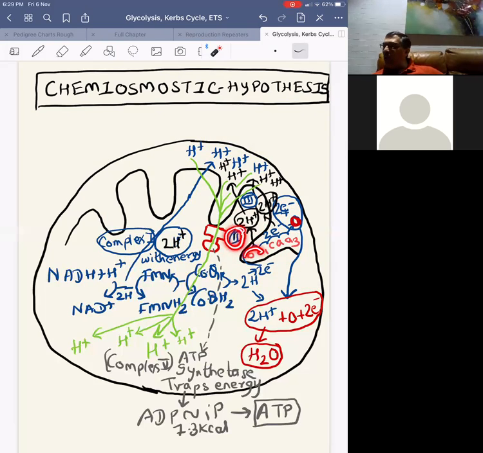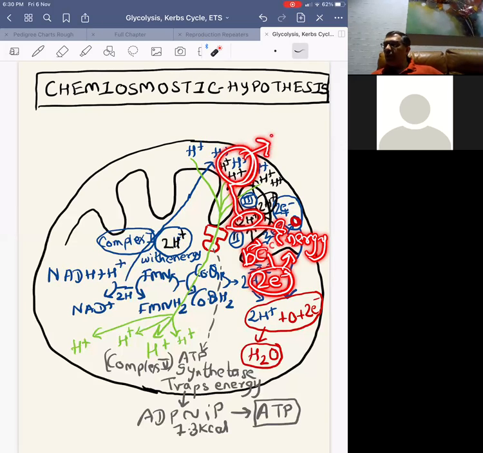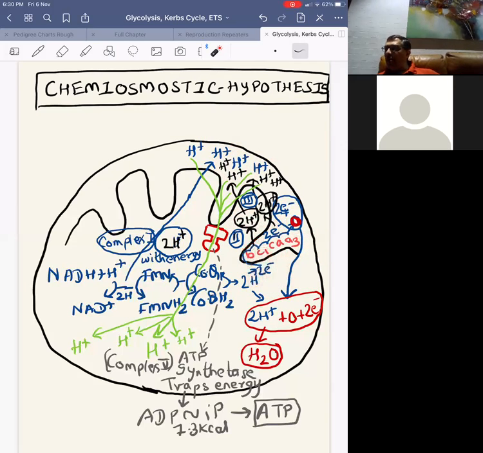So what happened in complex 2? Transfer of energy and electron between B and C1. When the electron was passing between B and C1, energy was liberated from the electron, and that energy combined with proton, and the proton went from the matrix into the intermembranous space. This is called complex 2.